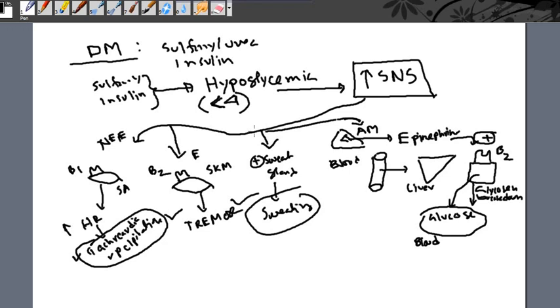Because all the function of the central nervous system is dependent on glucose. But these are the initial responses to hypoglycemia, and adrenal medulla will try to counteract the hypoglycemia by releasing epinephrine.